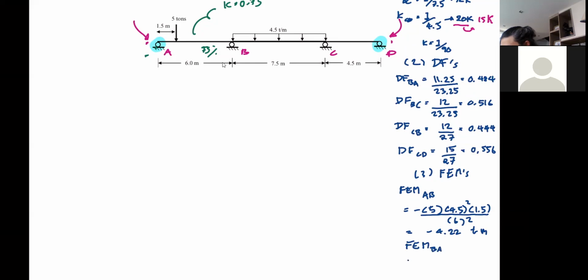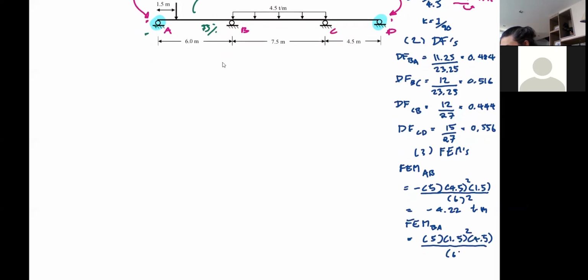FEMBA next. Now it's going to be plus because it's on the right. So 4.5 is already squared, so that has to be 1.5 squared instead, and then 4.5 divided by 6 squared. And that is 1.41 ton meter.